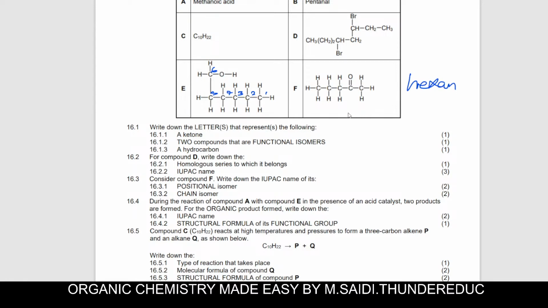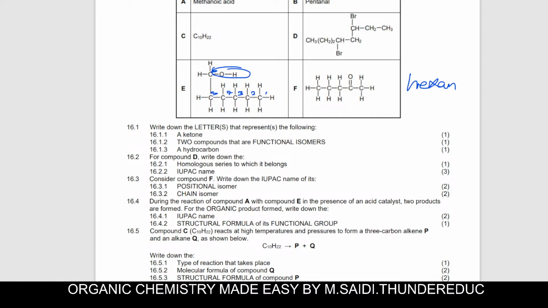You go up to there. Don't forget it's an alcohol. Why did we say it's an alcohol? Because of this functional group. What is the position of this functional group? It is on carbon atom number 1.